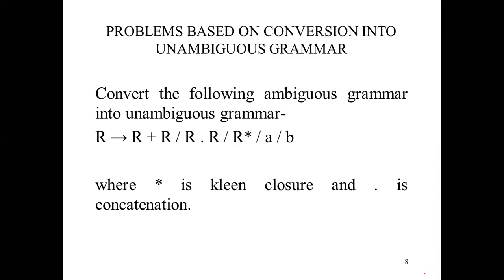Then this R may contain R plus R, or R dot R, or R star. Here R star means it is a repetition. R star here indicates that there is a repetition of several R's.